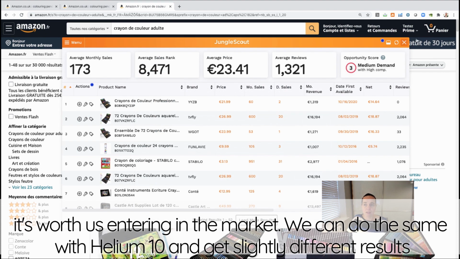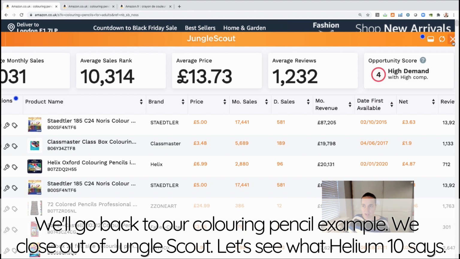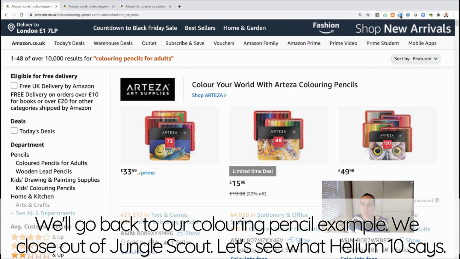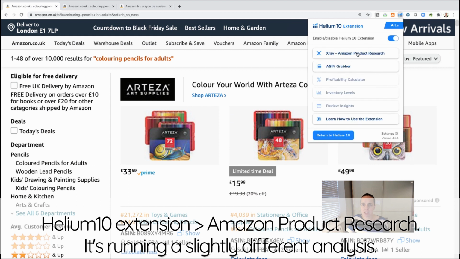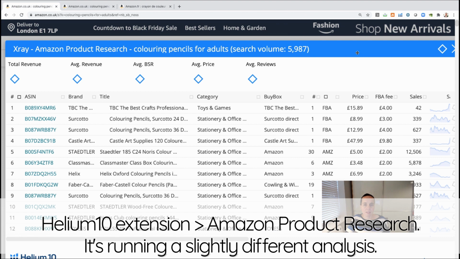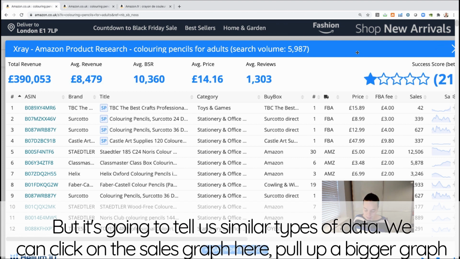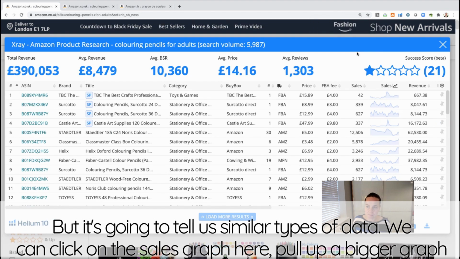Now we can do the same with Helium10, and get slightly different results. We'll go back to our colouring pencil example. We close out Jungle Scout. Let's see what Helium10 says. Helium10 extension, Amazon product research. It's running a slightly different analysis, but it's going to tell us similar types of data.